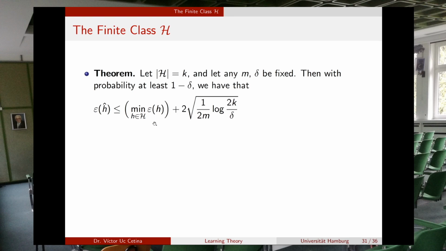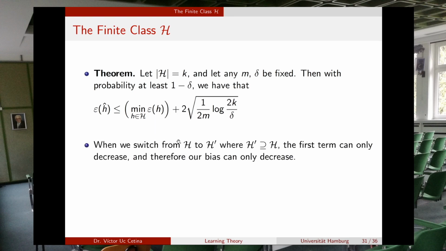And when we switch from some hypothesis class H to some H prime, in such a way that this H prime is a larger set of hypotheses than H, this first term can only decrease.